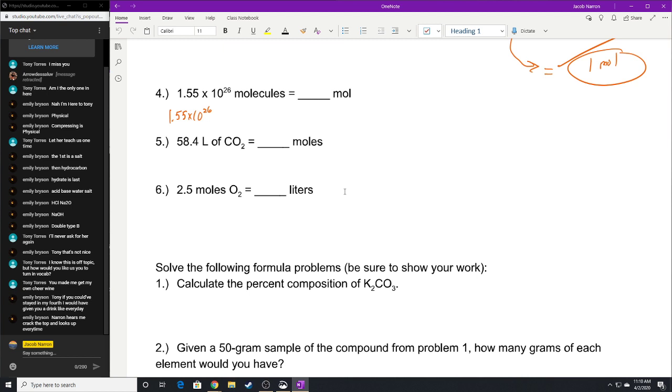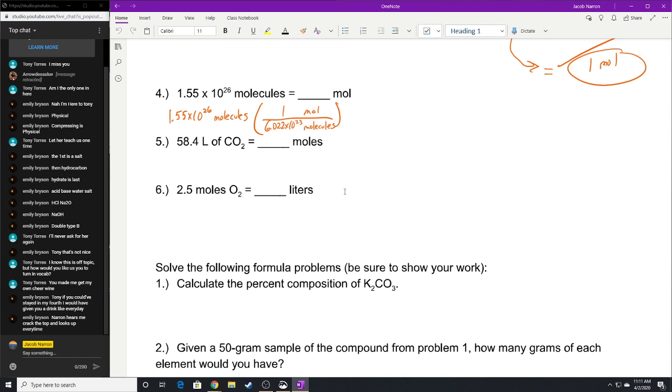So 1.55 times 10 to the 26 molecules, set up my conversion factor. I want to get rid of molecules, so I'm going to put that on the bottom, and I want to get moles, so I'm going to put that on top, and again use Avogadro's number.